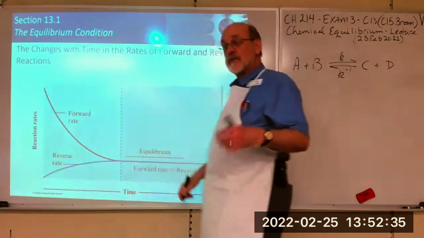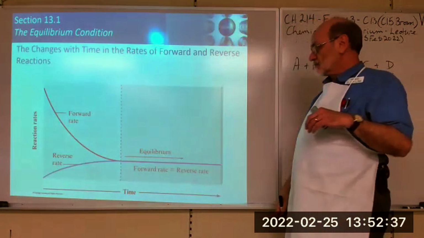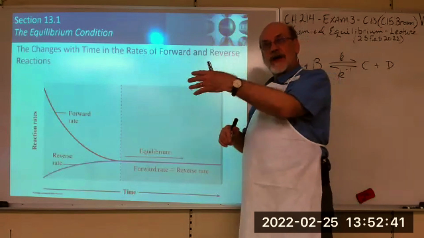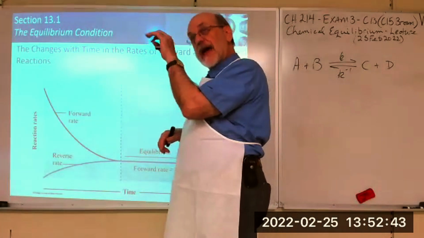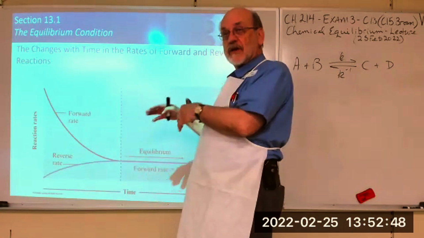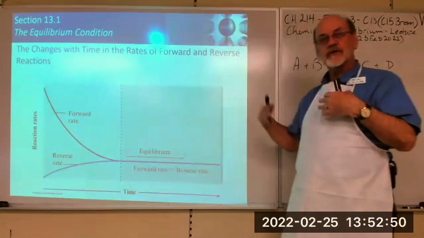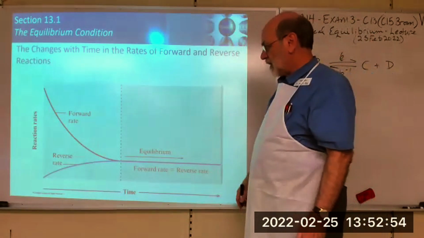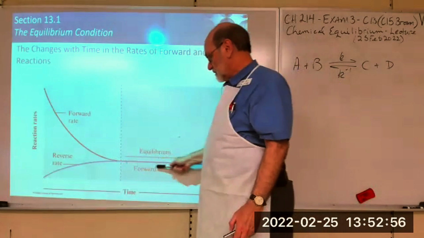If you want to study the reverse reaction, you just flip your equation around and make the products reactants, and then put the reactants in and make the products go the other direction. And you can get some idea about the reverse reaction also. But at some point, they merge.